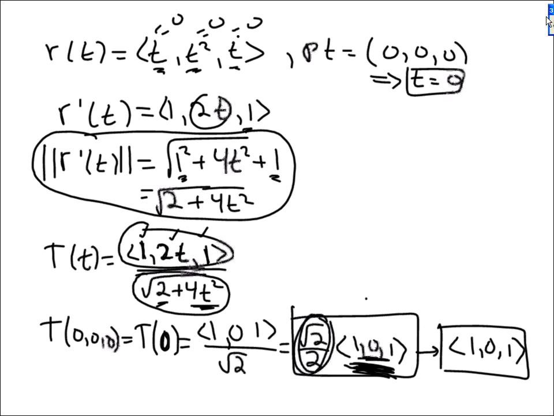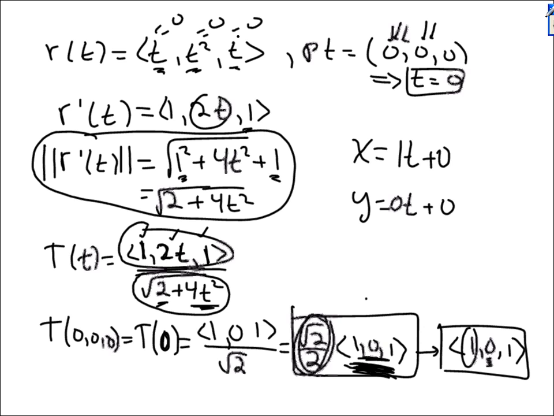So the answer goes like this. X is going to be 1t plus 0. That is 1t. And y is going to be 0 t's plus the second value, which is 0.